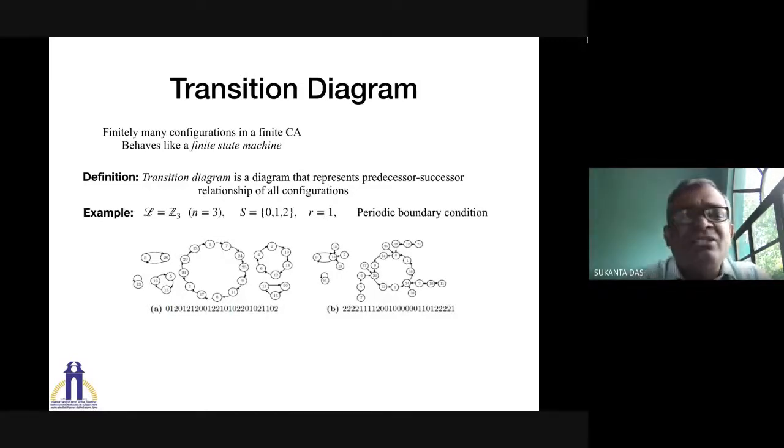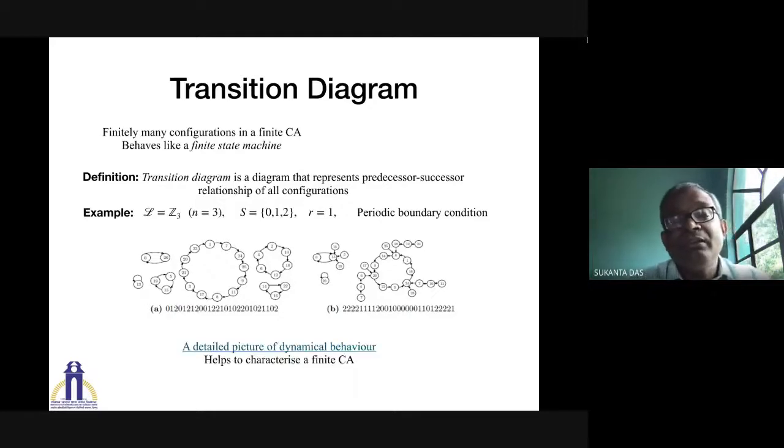It's practically not feasible to note down all the configurations, but for small n it is very effective. As I've said, a transition diagram gives us a detailed picture of the dynamical behavior of the CA, and it helps to characterize a finite CA.